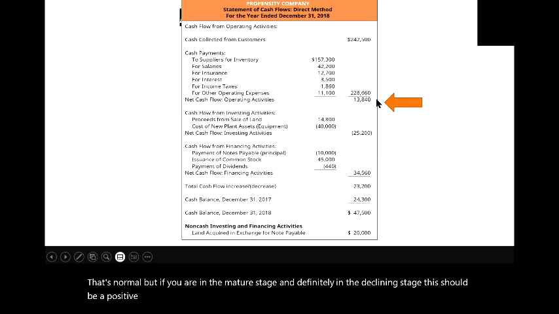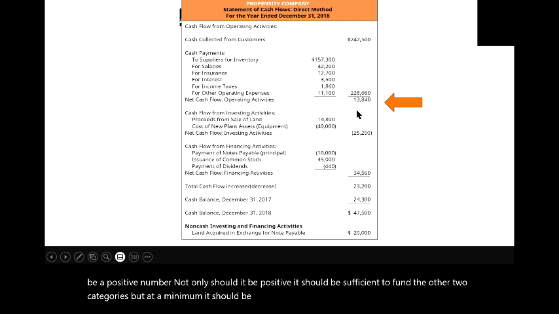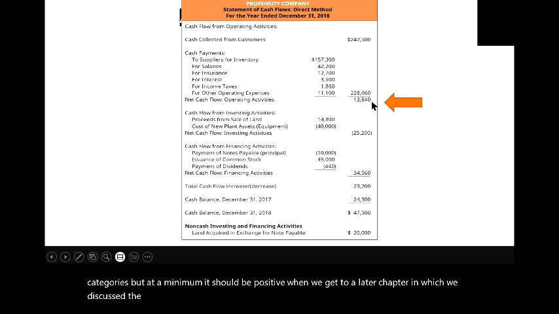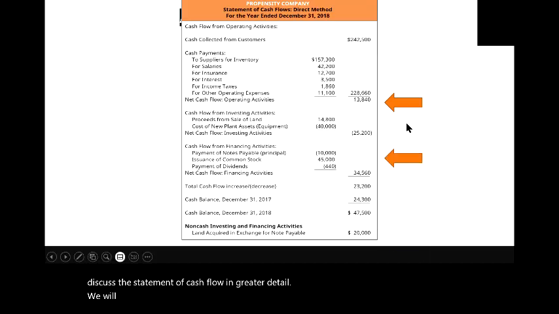Not only should it be positive, it should be sufficient to fund the other 2 categories. But at a minimum, it should be positive. When we get to a later chapter in which we discuss the statements of cash flow in greater detail, we will certainly come back to this discussion.